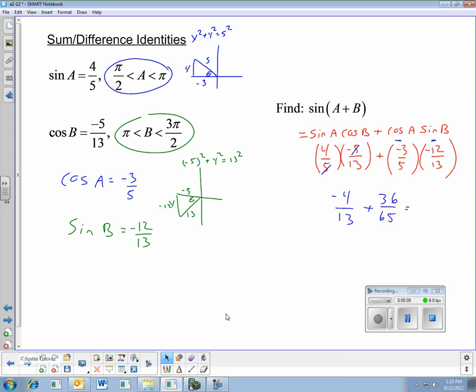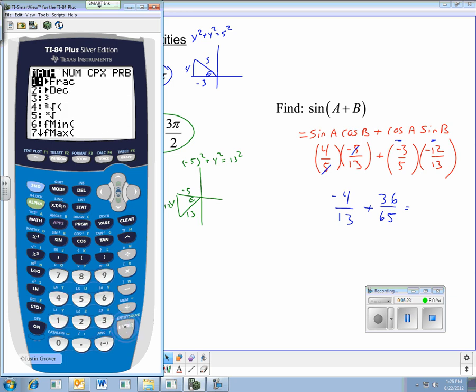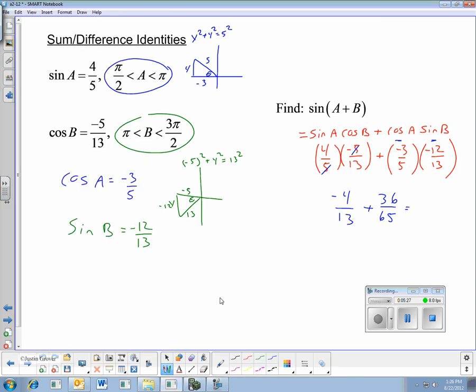I need a common denominator to add these fractions together, or again, I just let my calculator do that for me. So the answer is that plus negative 4 divided by 13, convert to a fraction, enter, enter. 16 over 65 is my final answer.